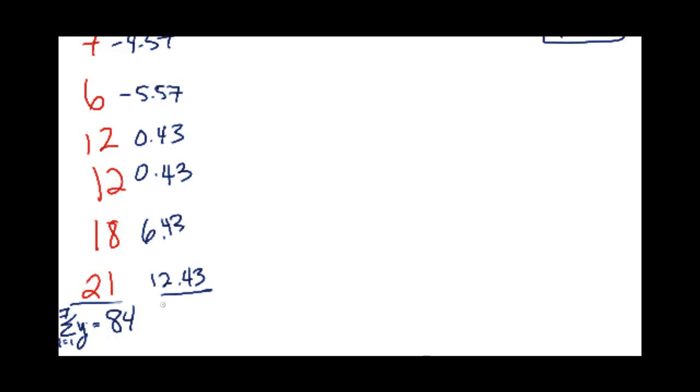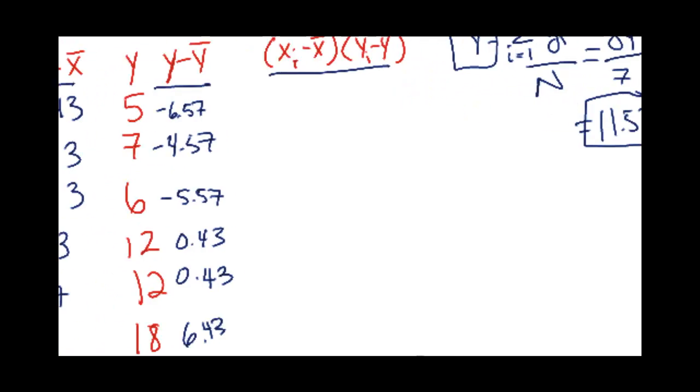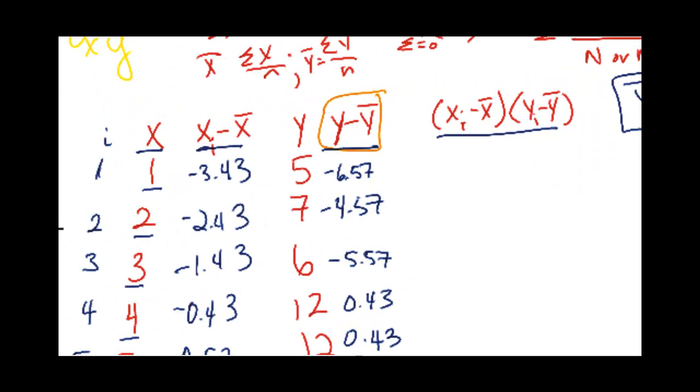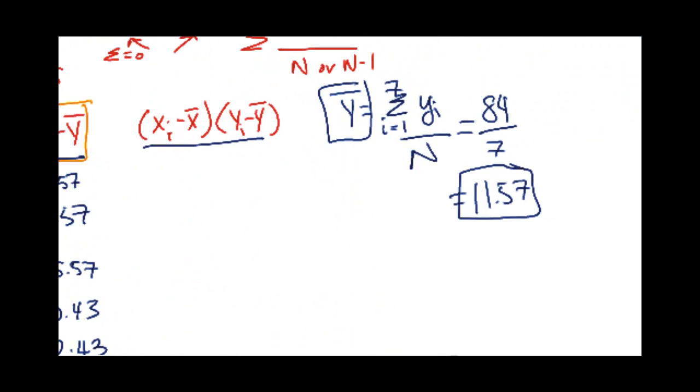And when you add the deviations of y, you should get 0. I think you get 0.1 if I'm not mistaken on this one, which is still close enough. These are just random data points I picked. Then when you do the product of the two deviation columns, this column times this column, you should get these numbers here, including 22.54.